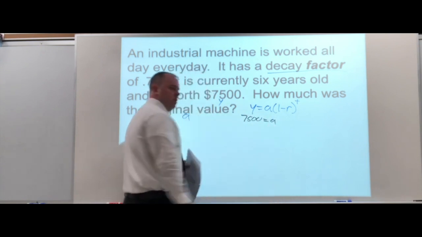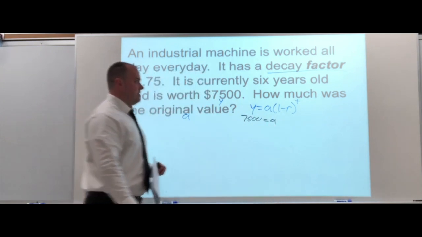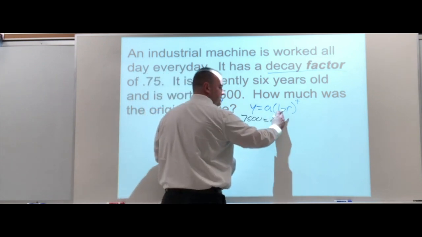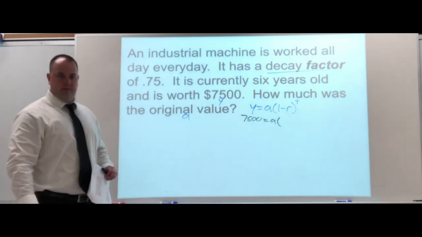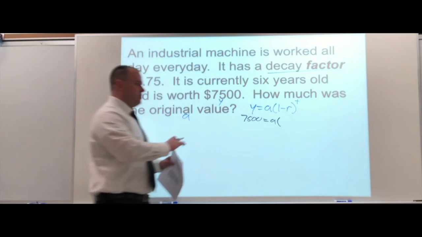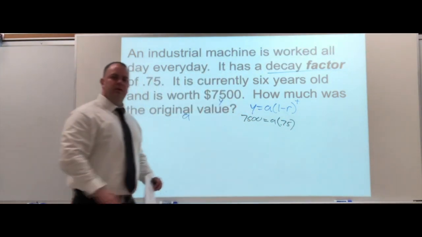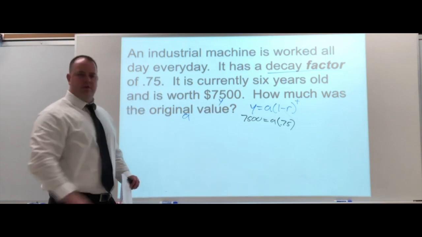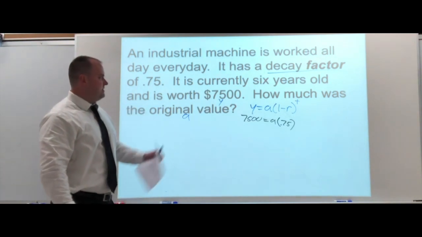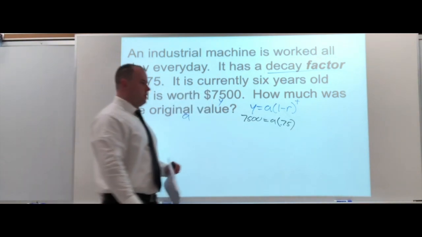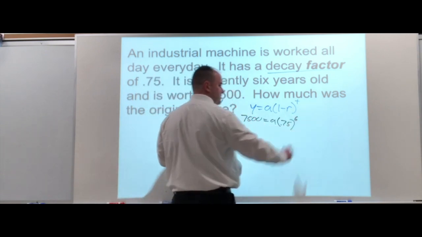The a is what we're looking for. The factor this time, there's not 1 minus 0.75. The factor is 0.75, so it's just 0.75 in the parentheses. It's very important you read these carefully. I even bolded it just so we can see it there. And they said currently 6 years old, so our time is 6.